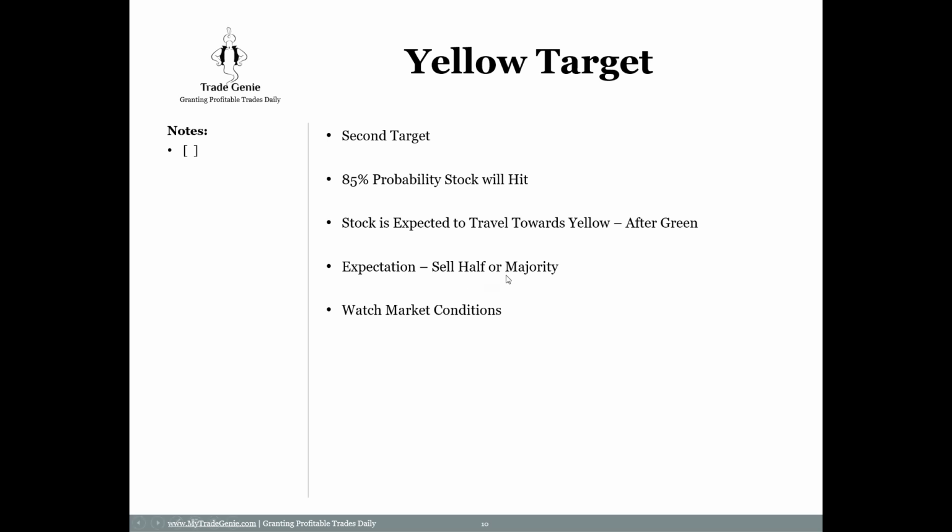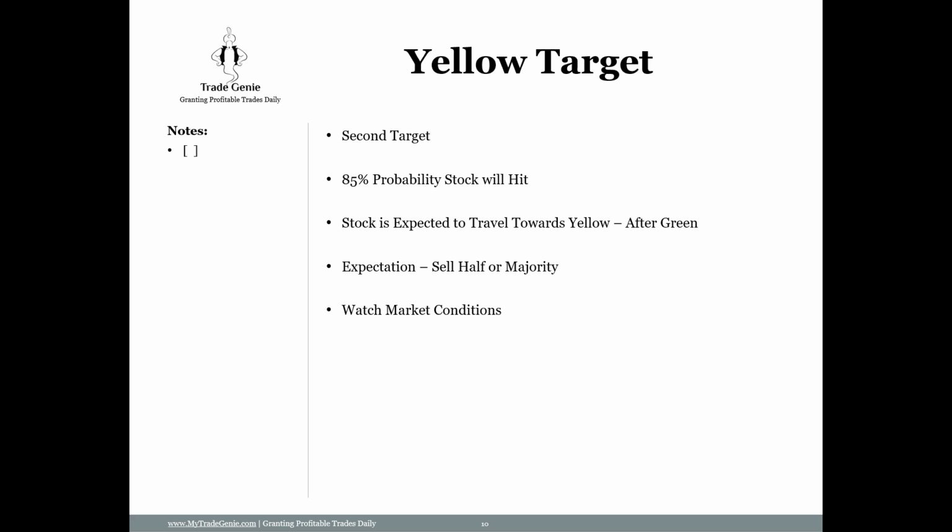The expectation is to sell half or the majority of it. And also watch the market conditions. When your yellow target is hitting, you're watching the market conditions also. There's a lot of things going on in the market. You're not just watching your own one position or two positions. You have to look at a lot of things and then decide.